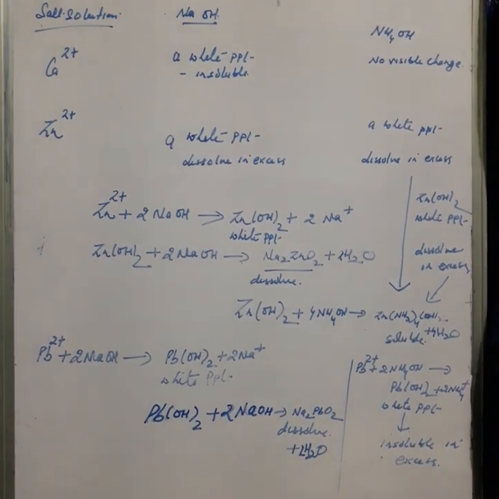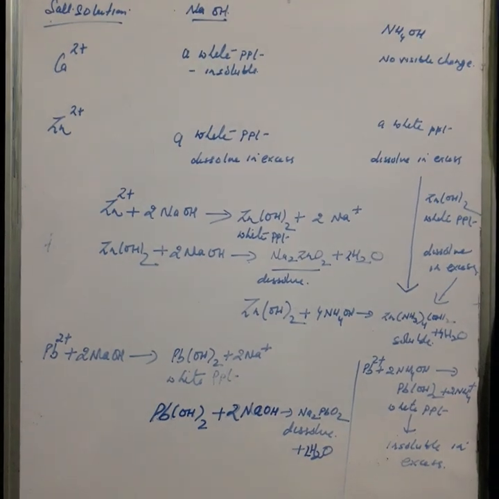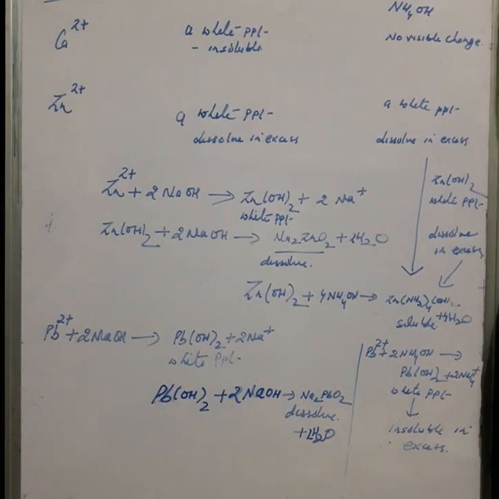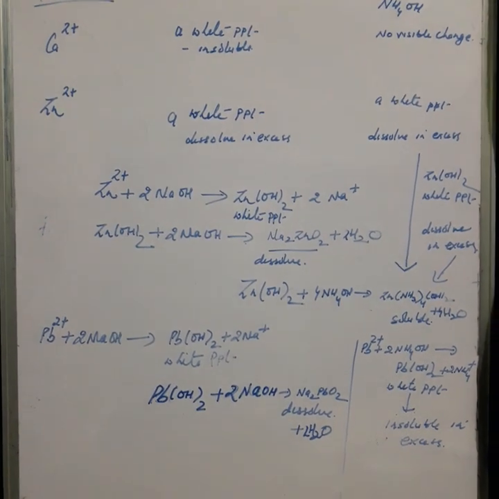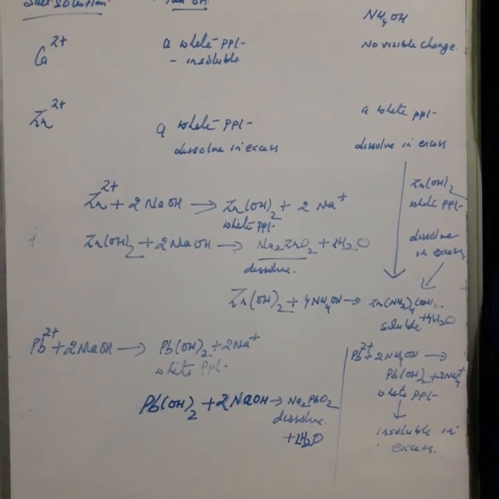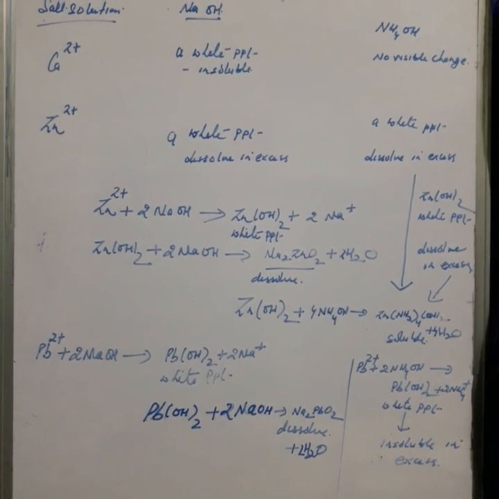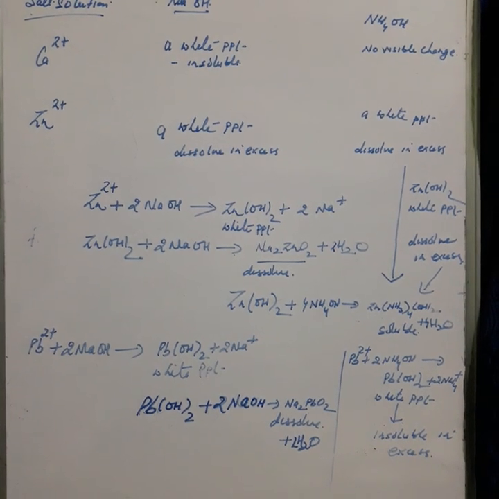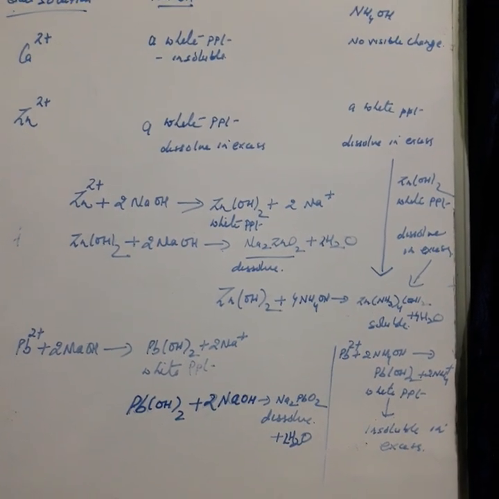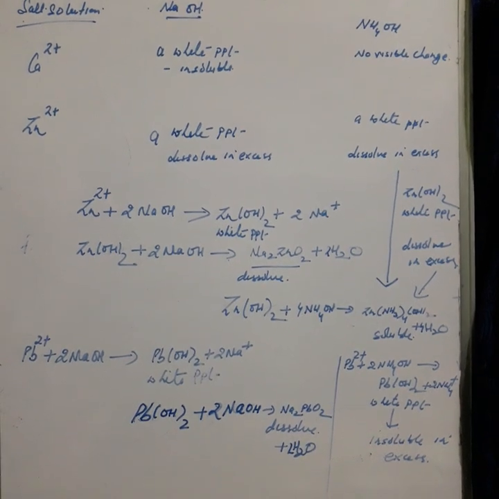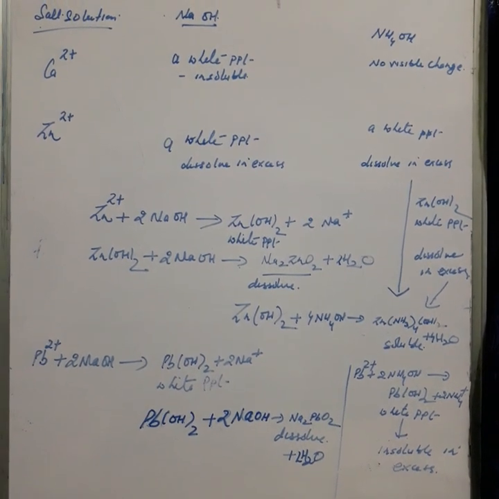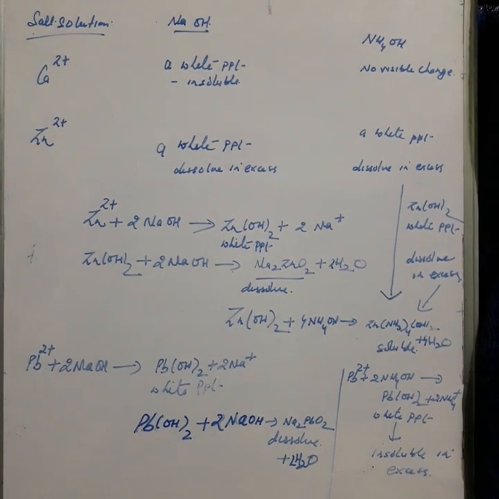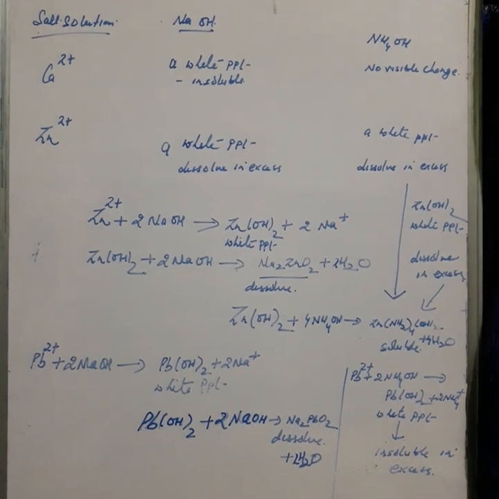Whereas with ammonium hydroxide, a small amount will give a pale blue precipitate of copper hydroxide which dissolves in excess to give inky blue color, copper tetraamine complex.